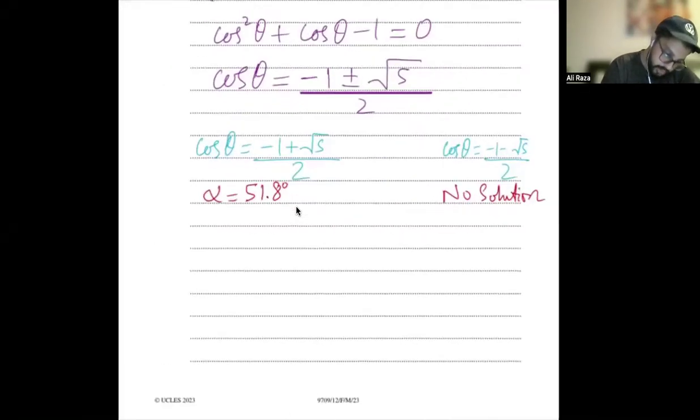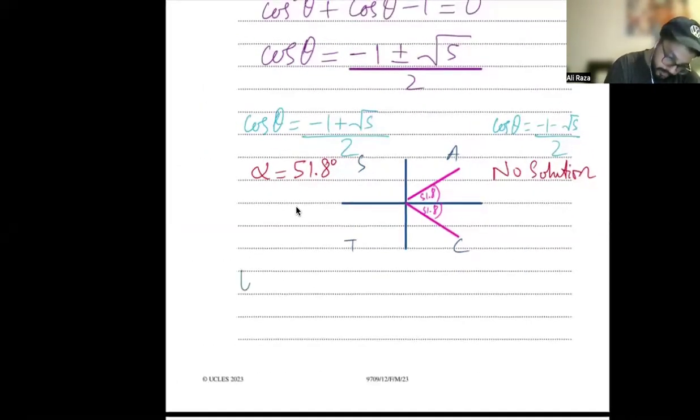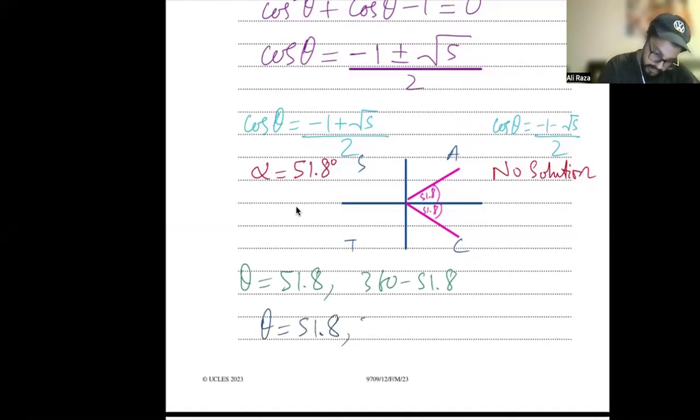Now, since cos is positive, the quadrants we'll use would be A, S, T, C, the first and the fourth quadrant. The values of theta in this case would be theta is equal to 51.8 and 360 minus 51.8 for the fourth quadrant. So the final answer comes out to be 51.8 and 308.2.